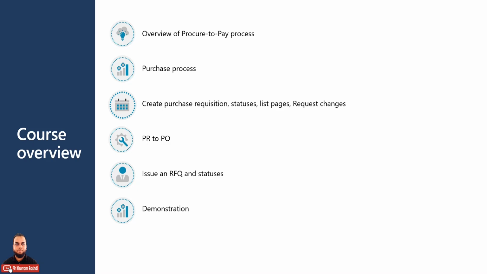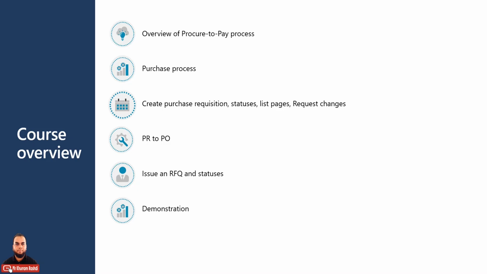Then we will cover going from purchase requisition to generation of the PO once it is approved, and optionally issuing an RFQ and its various statuses, and then we'll turn to a practical demonstration.